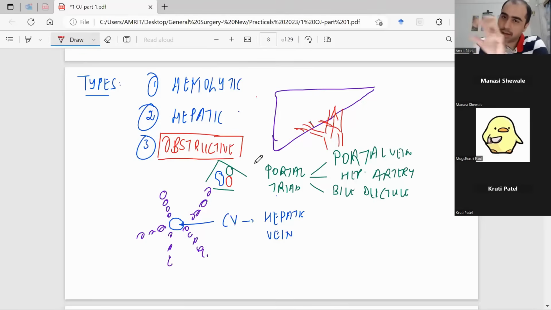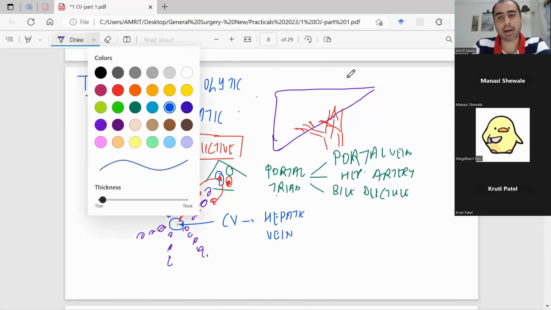All that blood will go into spaces called sinusoids. Then the liver will do its job: make albumin, detoxify, degrade, whatever it has to do. This clean, detoxified blood will enter the central vein, and from the central vein, it will enter the hepatic veins.